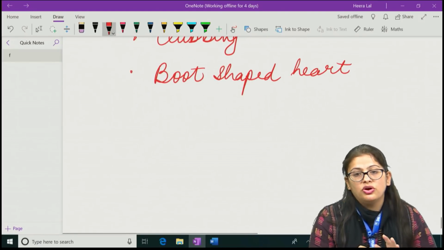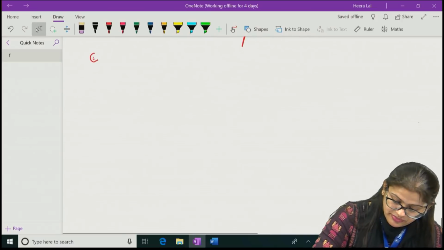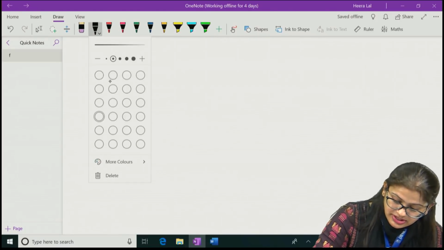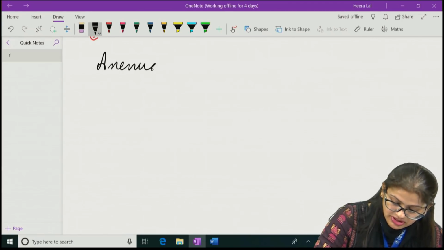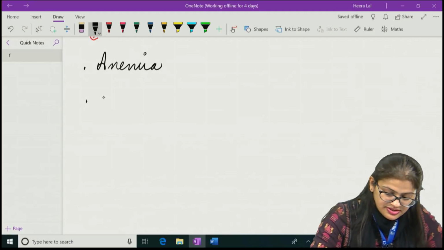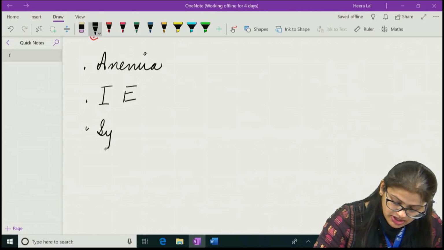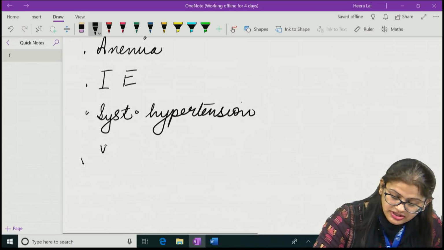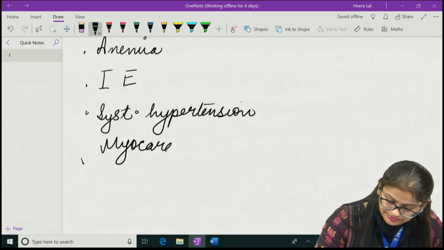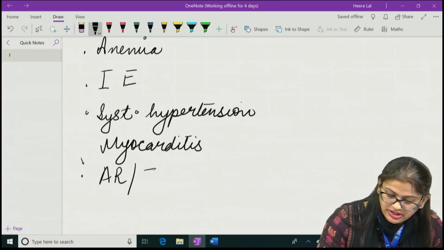And usually CHF will not occur in tetralogy of Fallot except in case there is anemia, in case there is infective endocarditis, if there is systemic hypertension, if there is associated myocarditis, and if there is associated aortic regurgitation or tricuspid regurgitation.